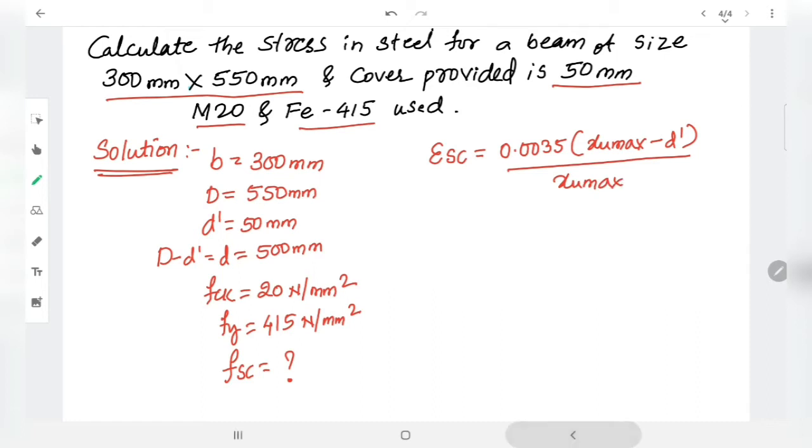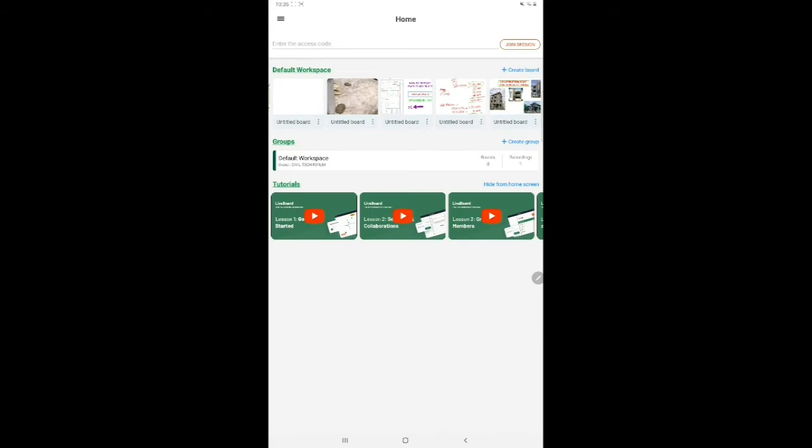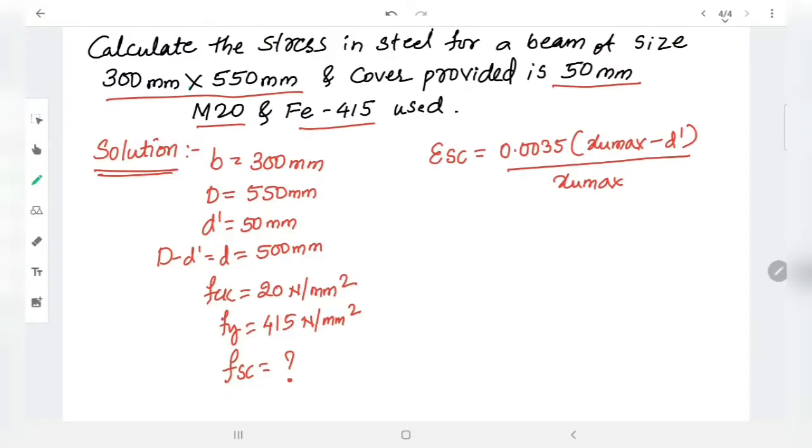To calculate epsilon SC, you need the value of XU max. I will get this XU max value from XU max by D is equal to 0.48. This is from IS 456. Just go through the code IS 456 2000.